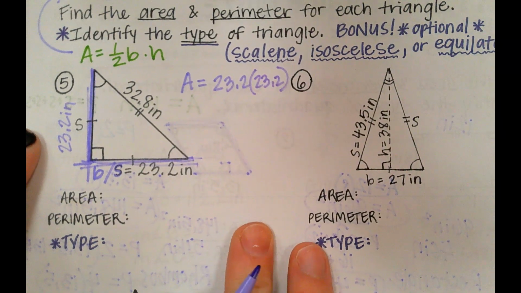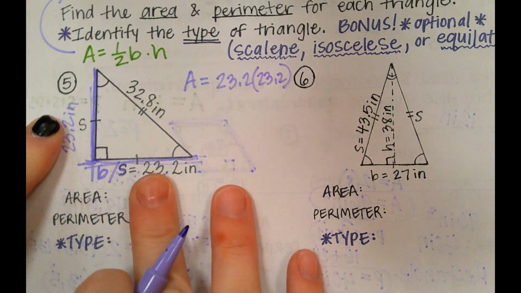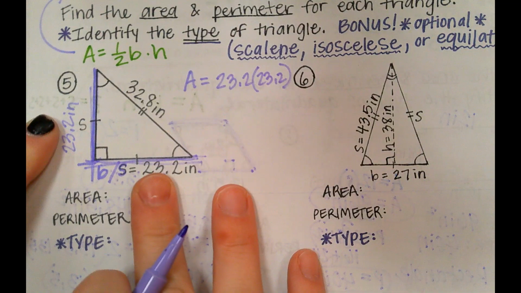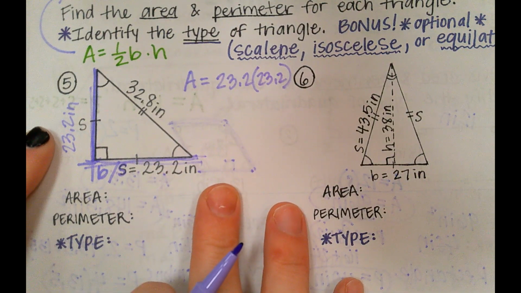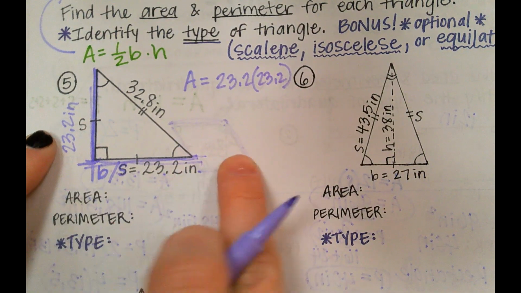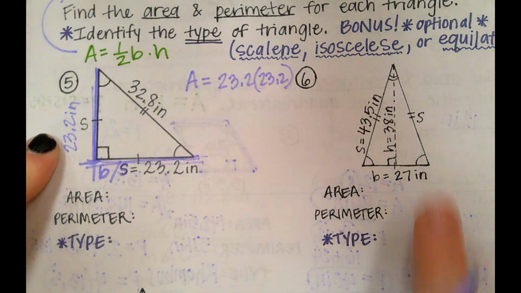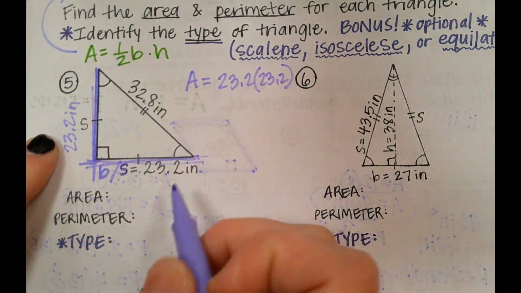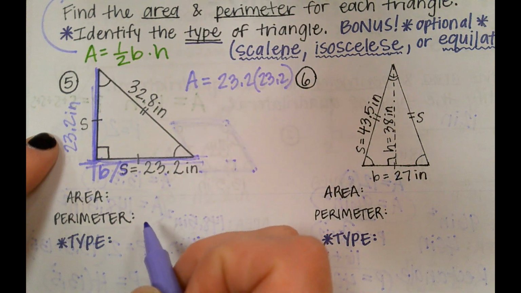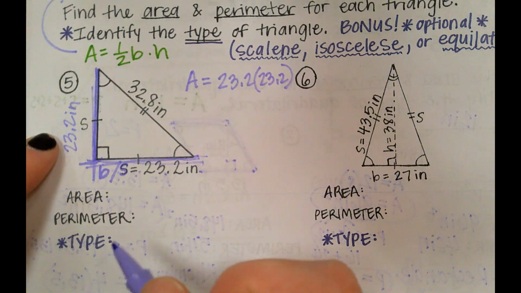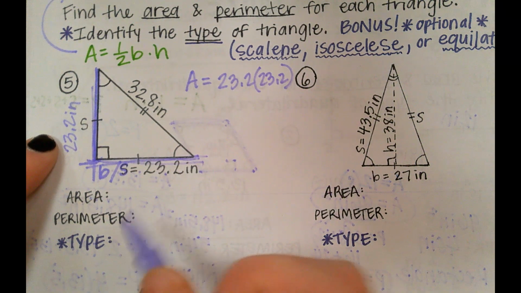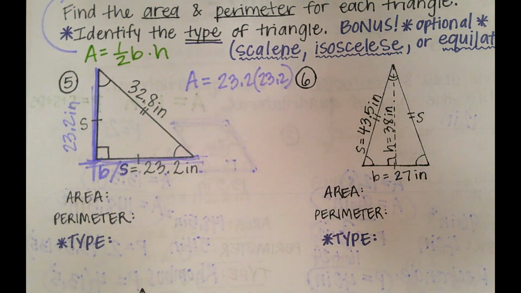Now, does that make sense why we're using those instead? The base is always going to be the bottom on these. Okay. So what is 23.2 times 23.2? 538.